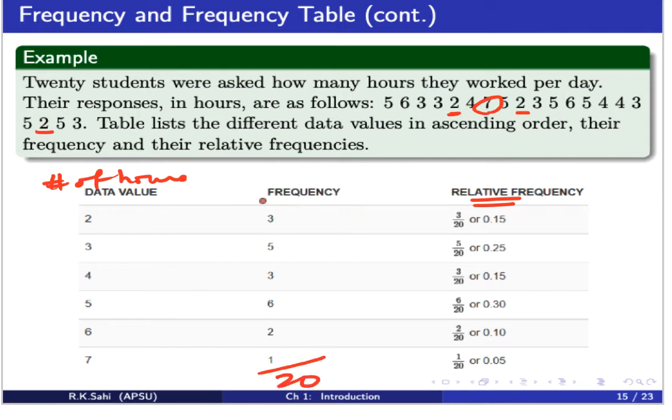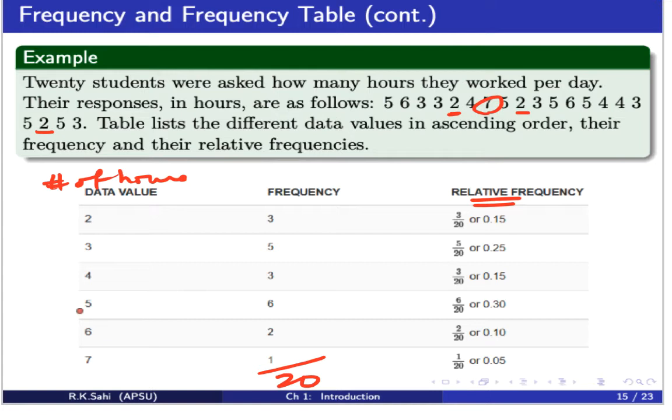The relative frequency is the proportion of the data value represented by 2 in relation to the total number of values. So the relative frequency would be 3 divided by 20 for the data value of hours worked per day by a student. If a student worked 3 hours in a day, then the number of students who answered that was 5, so the relative frequency would be 5 over 20.